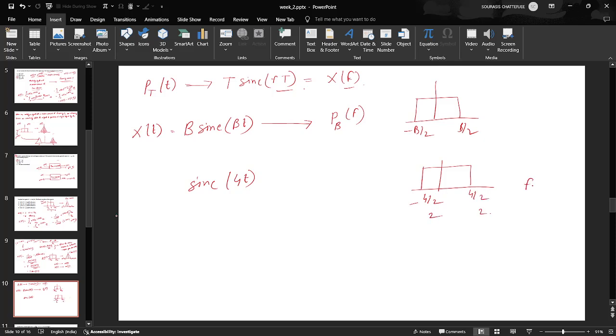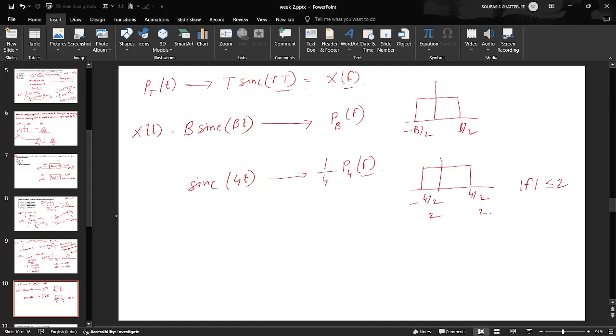So my pulse in the frequency domain is non-zero for the absolute value of f less than or equal to 2. But what about amplitude? This pulse is supposed to have unit amplitude if we have 4 here also, but there is no 4 here. So both sides need to be divided by B, so we'll have 1 over 4 p_4 of f.